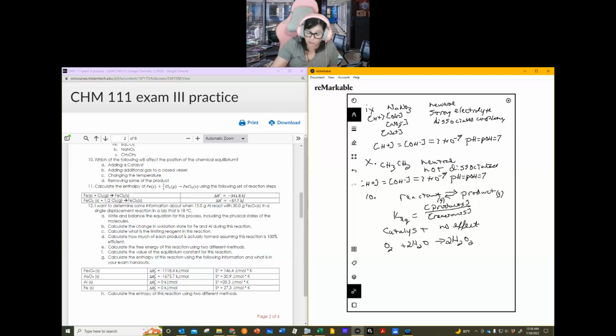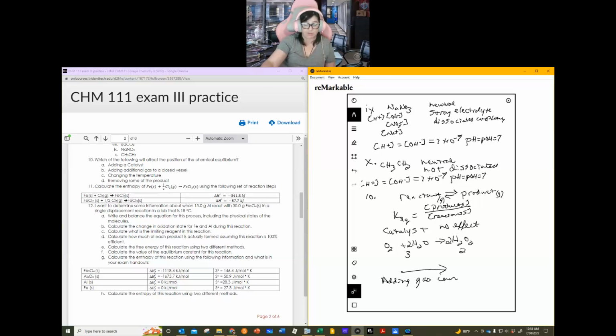So what you can see here is I have 3 moles of gas on this side and only 2 moles of gas on this side. So if I were to add additional gas, this equilibrium would shift in this direction to minimize the pressure that exists there. So adding gas can have an effect.